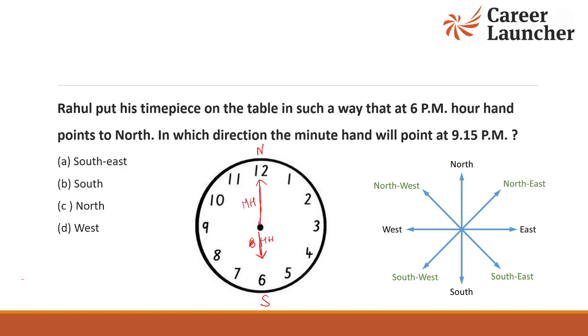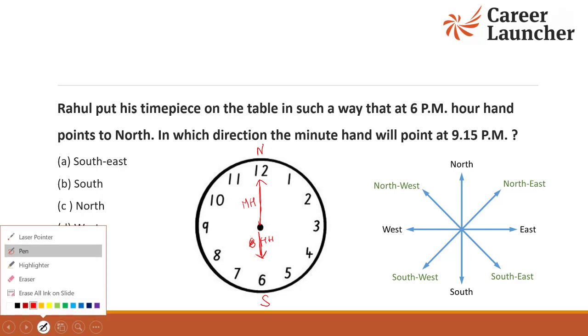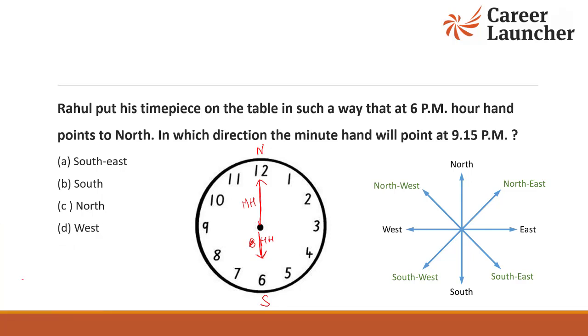Now in this question, there is a slight deviation. It is being said that the timepiece has been placed in such a way that at 6 p.m. the hour hand points to north. So I can say the entire thing has been rotated by 180 degrees. Now this is the new north and this becomes the new south.